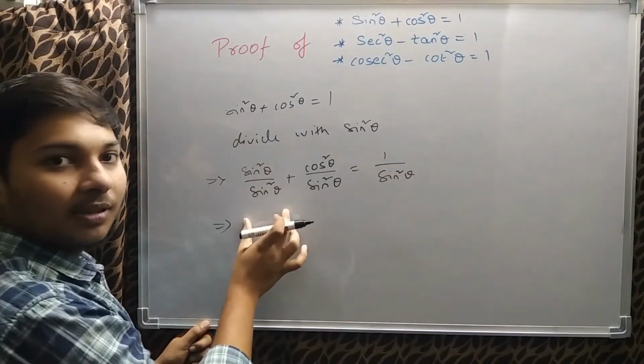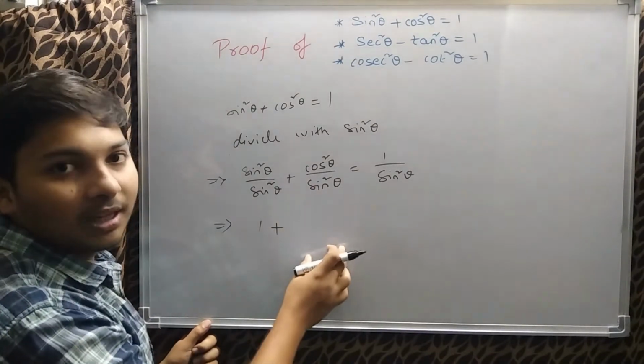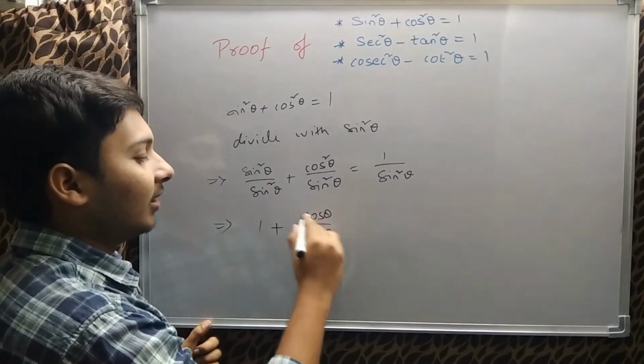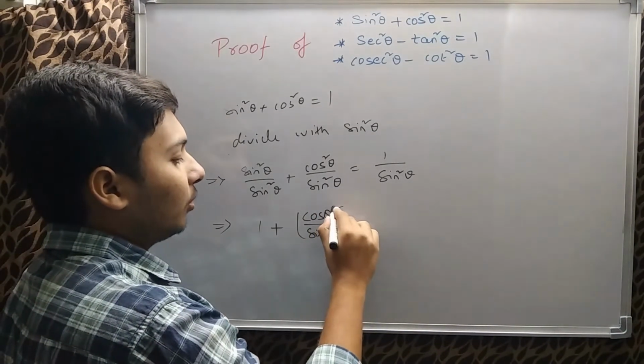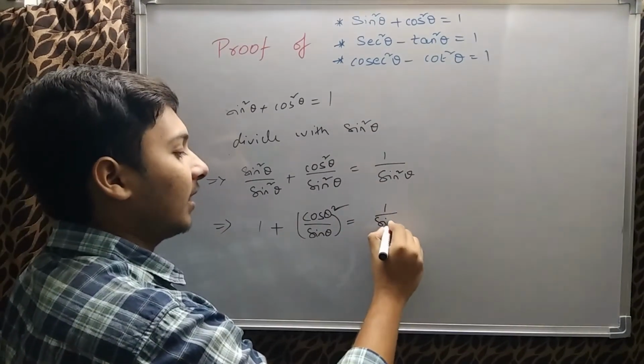Sin square theta by sin square theta is equal to 1, plus cos theta by sin theta whole square is equal to 1 by sin theta whole square.